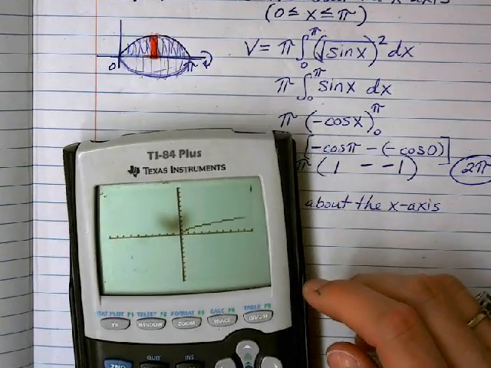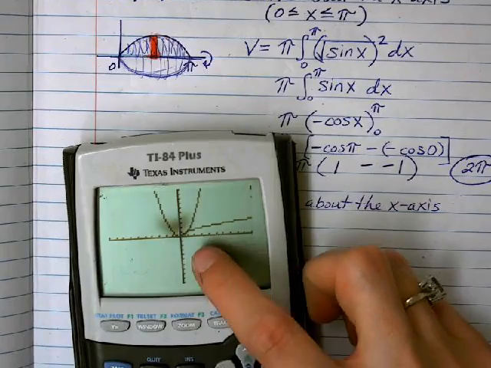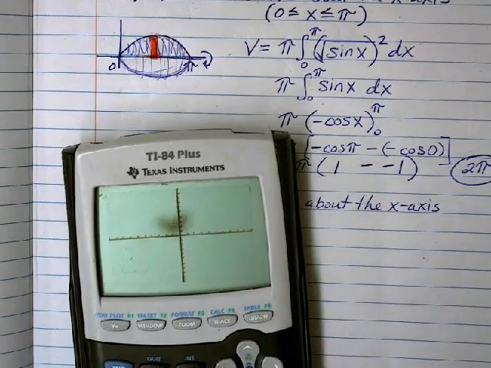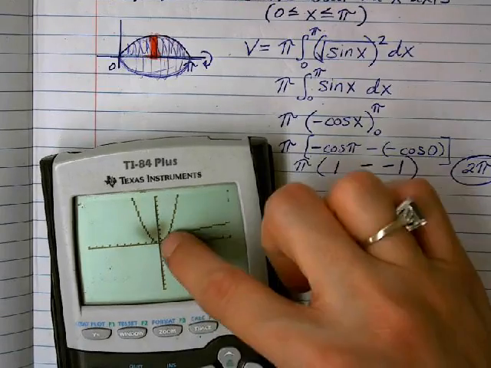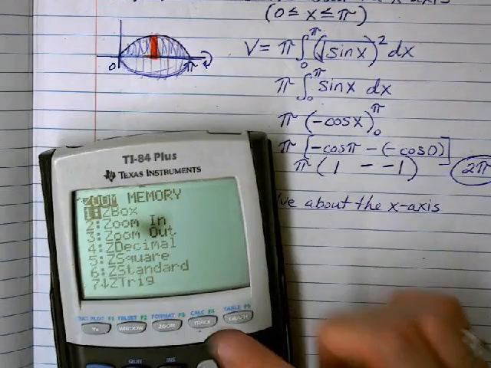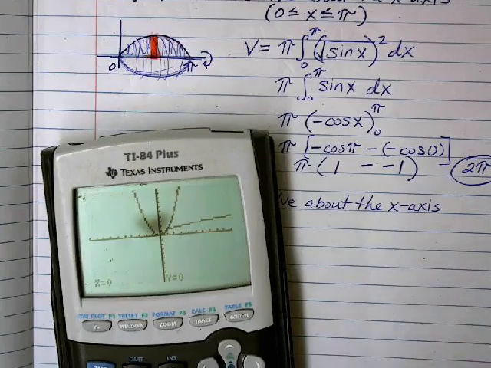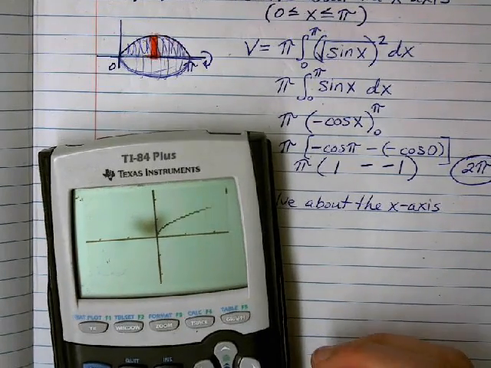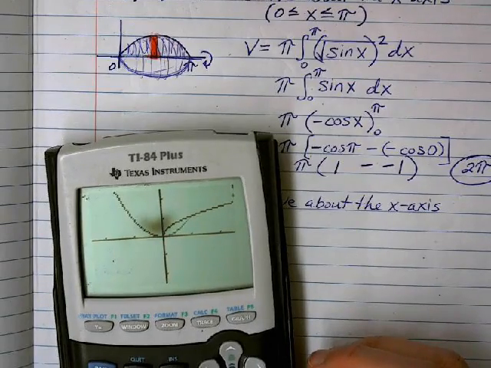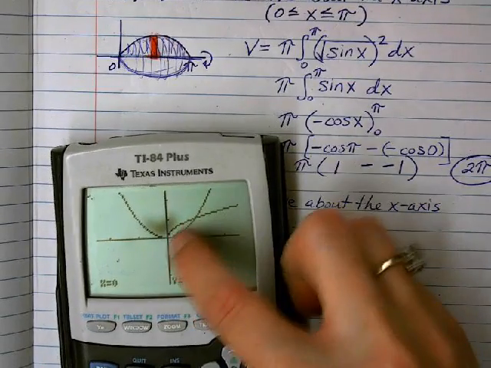You might want to zoom in a little, it's kind of hard to see them. It's very small, so I'll zoom in even more so you can see it. There we go, that's a little better. See, it's just this little corner like I was trying to draw on my page here.